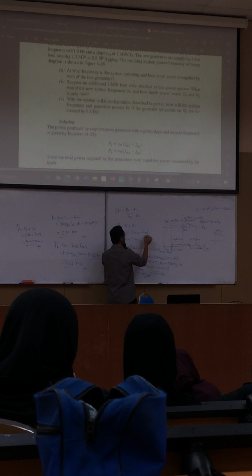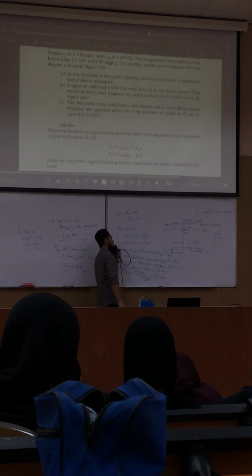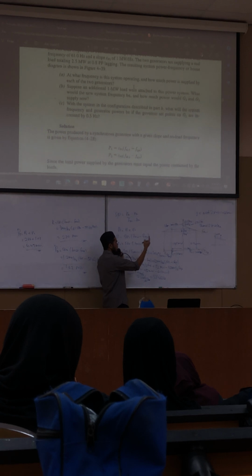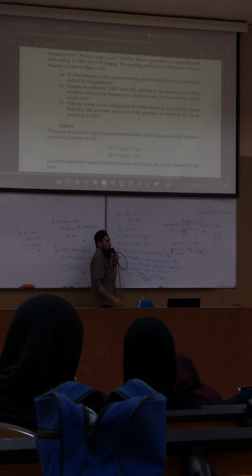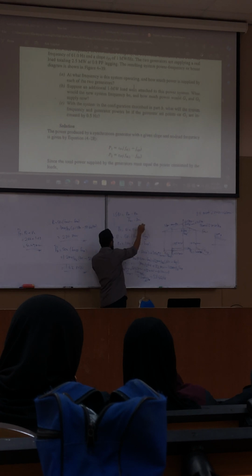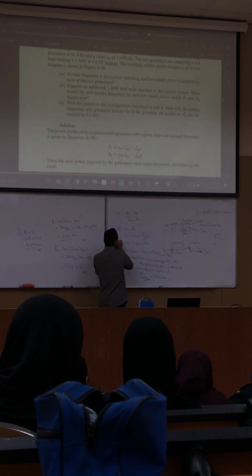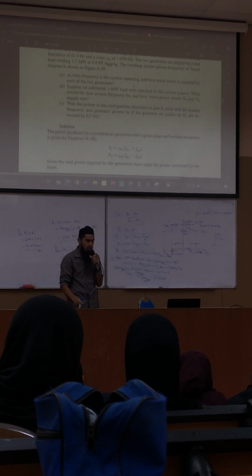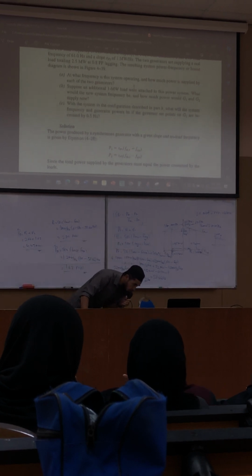So you just insert your 60 hertz here. Voilà. If you change your frequency for G2, you just amend here. You just follow the initial formula and amend the values given inside the formula, and calculate for the result.